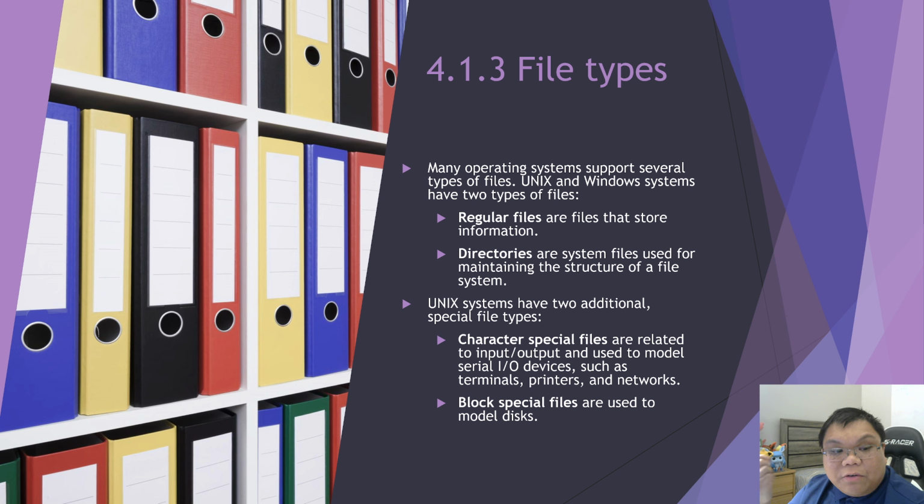Unix systems have two more special file types. The first one is called a character special file, and the other one is called a block special file. A character special file is like this. If you have, say, a speaker and you want it to output sound, or rather you are trying to print to a printer, basically you write to this special file as though you're writing to a regular old file.